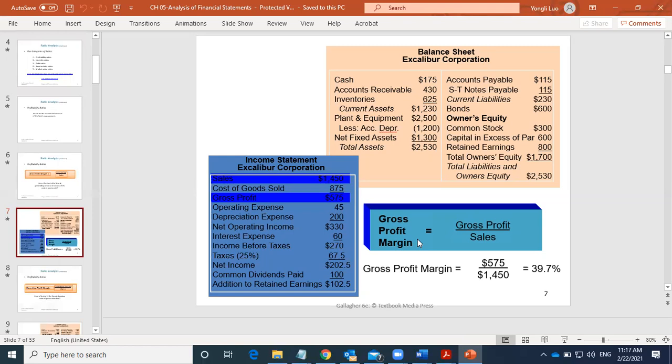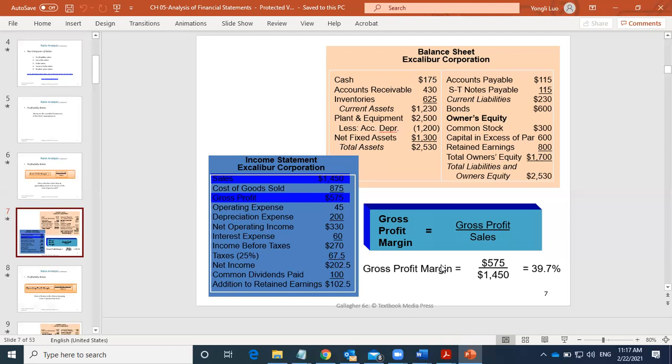Once you have the ratio, you can compare your profit margin with the industry average to see where your company stands. If your company is higher than your industry, that means you did better and outperformed.